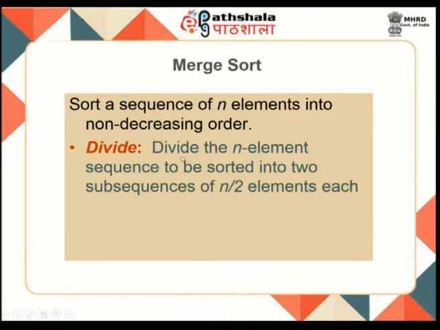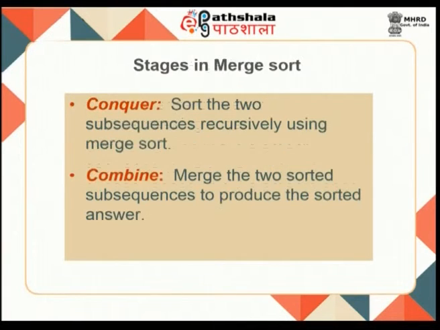We divide the n element sequence into two subsequences of n by 2 elements each. That means we are breaking the problem into smaller problems. Then we solve the smaller problems.